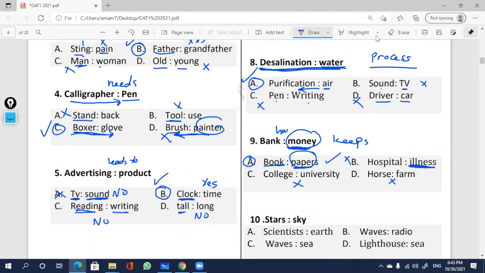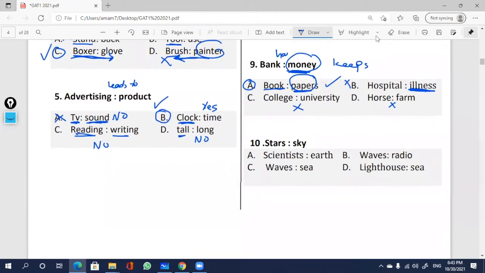How about Al-Jawhara, stars, sky? Number 10. Yes, is it the place? The relationship is a place? Yeah, place, okay. And the answer is C. Sky, also here C, lighthouse.